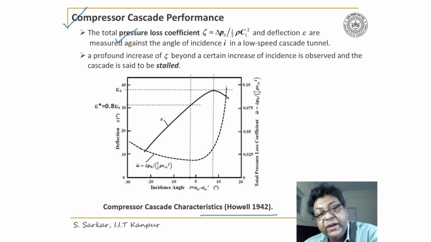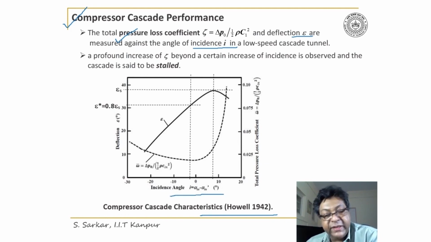Further, he has measured deflection epsilon and also the angle of incidence I. He expressed his test result in terms of I. So the x-axis is I, the angle of incidence, and the y-axis, left hand side, is the deflection epsilon, and on the right hand side he has expressed the total pressure loss coefficient.